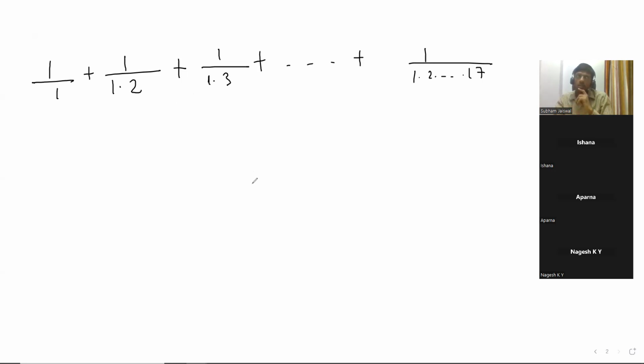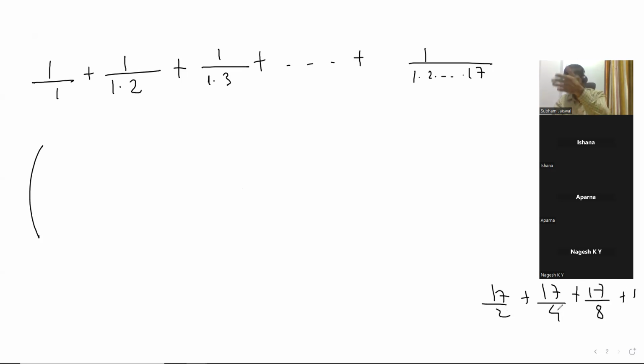That will be given as the highest power. Whatever it is, you can calculate it: 17 by 2, 17 by 4, taking the floors. 17 by 16, so whatever, 8, 8, 4, 12, 14 maybe. Then if it's 14, then I will look at this.